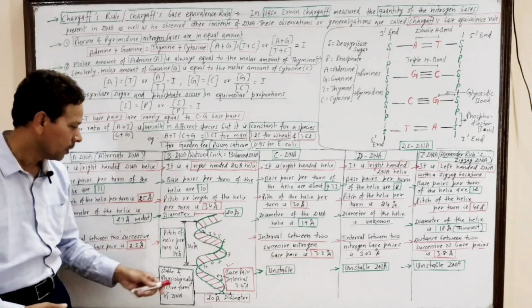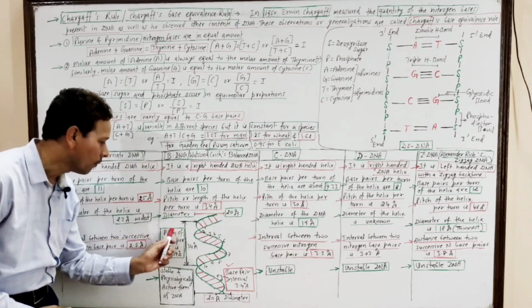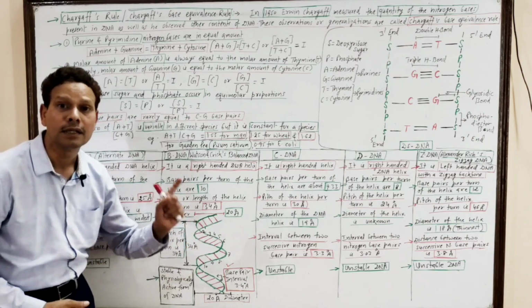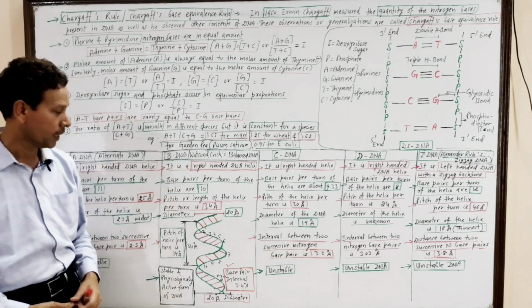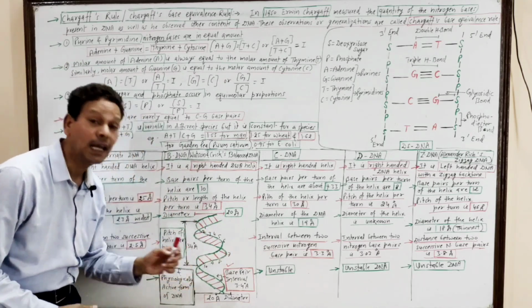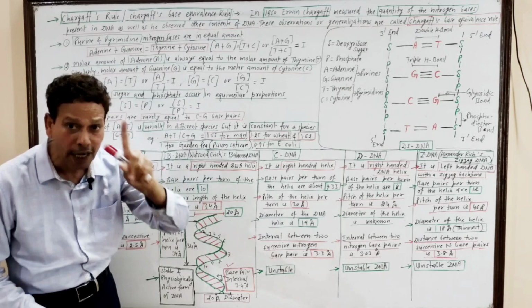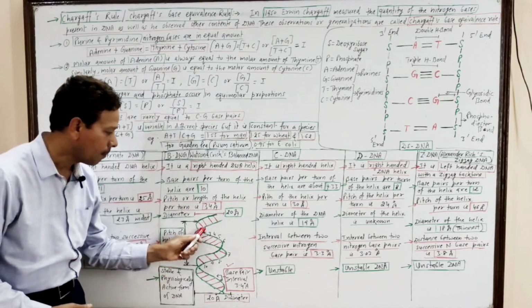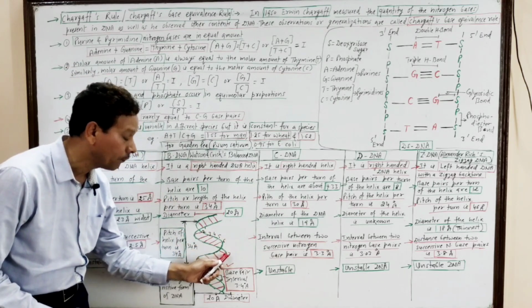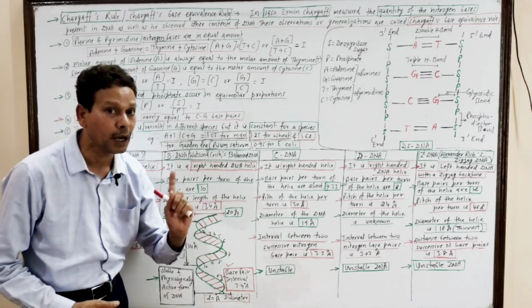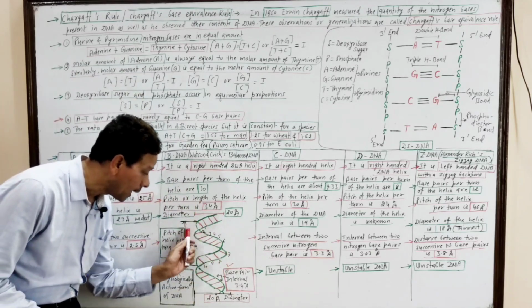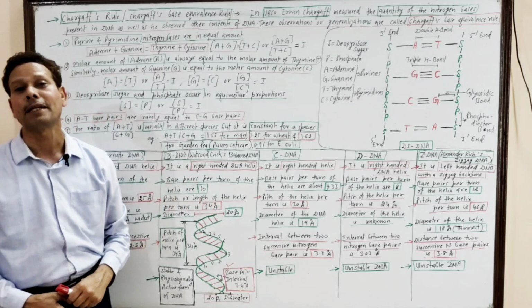The length of the pitch of the helix per turn is 34 angstrom, and in this helix, in one turn, one coil, about 10 nucleotides or 10 nitrogen bases are present.